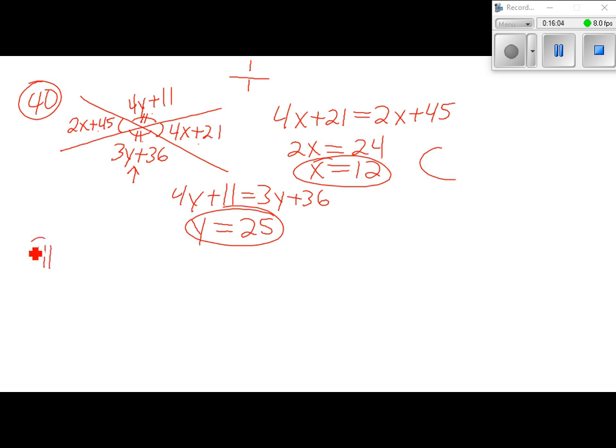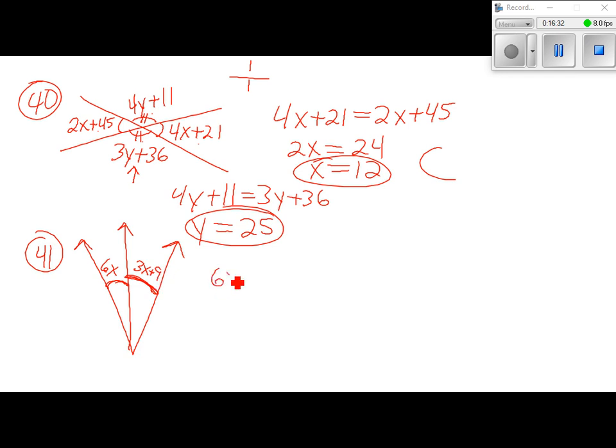Number 41. They give you a picture. It looks like this. Well, they tell you that this airplane flying up through here bisects this angle, so this angle has to be congruent to that angle. And they tell us that this angle is 6x, and the other airplane went 3x plus 9.